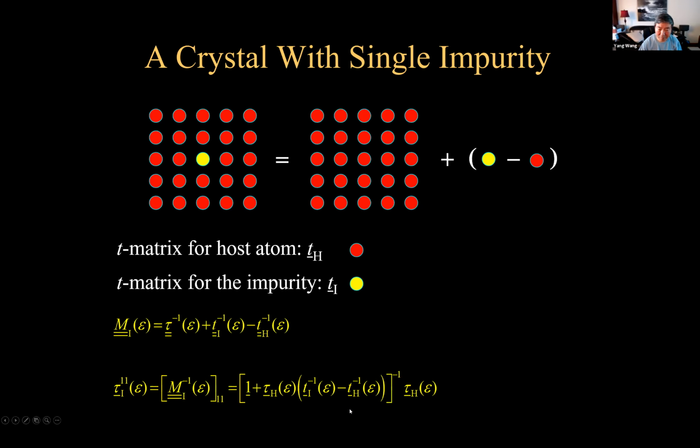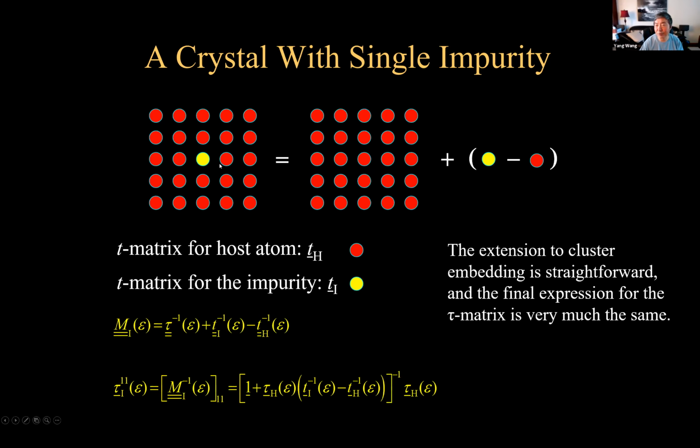You multiply together, add the identity matrix, take the inverse, and multiply by the host tau matrix again. Again, this tau host is calculated using the k-space method, because this is a perfect crystal. So this construction tells you how to calculate the tau matrix for the impurity embedded in a perfect environment. Okay.